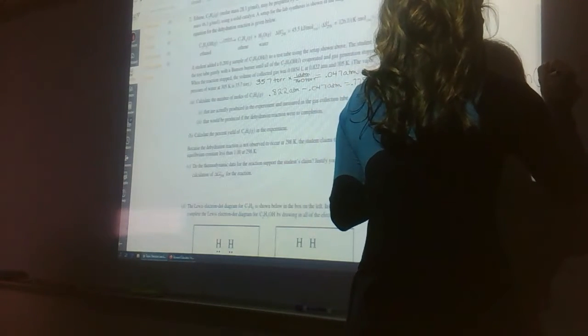My pressure is in atmosphere, so R is 0.0821. And my temperature is 305 Kelvin.